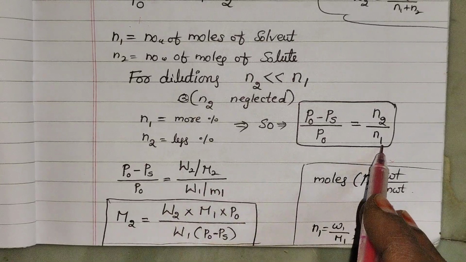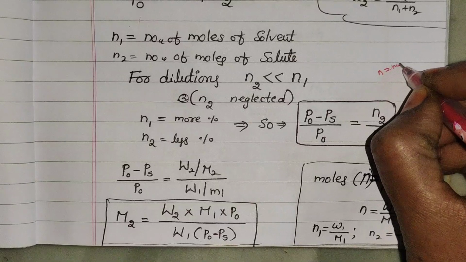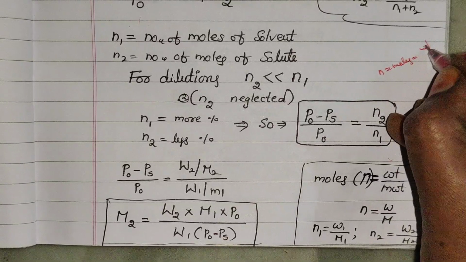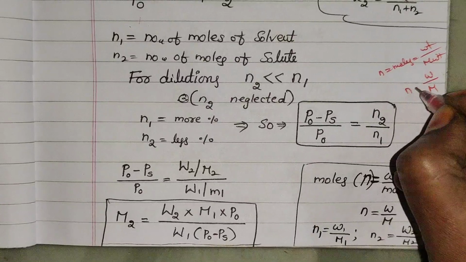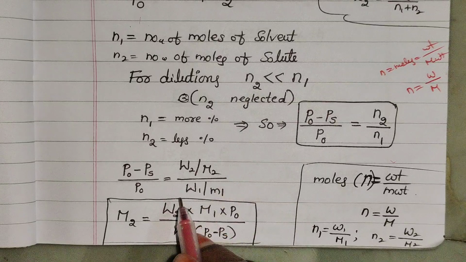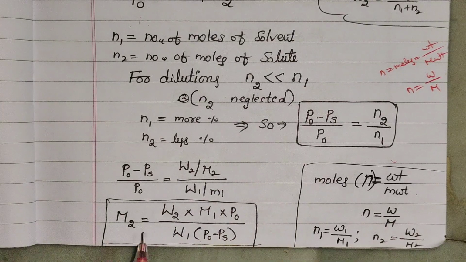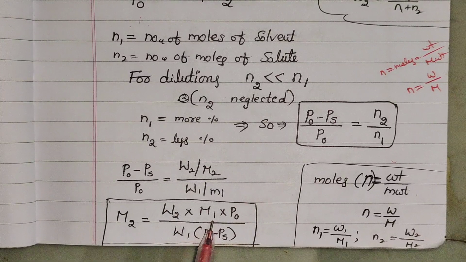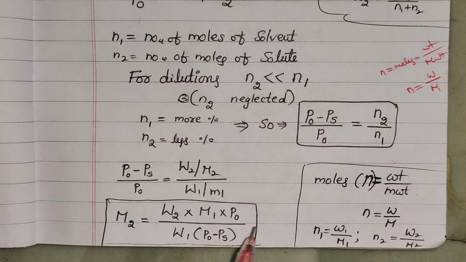Next, N1 is for the solvent, so W1 by M1. Finally we get this very important formula: M2 equals W2 into M1 into P naught by W1 into P naught minus PS. According to this formula, we have a calculation.